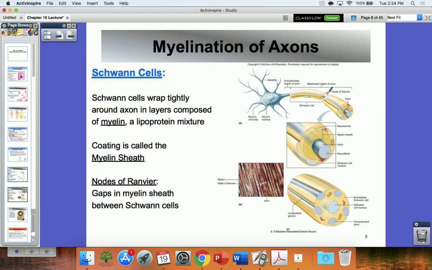The node of Ranvier, we'll talk about in a little bit more detail, but because it has those gaps in between each sheath, that helps for the transmission to actually go even faster. And we'll talk about what that's called later on.